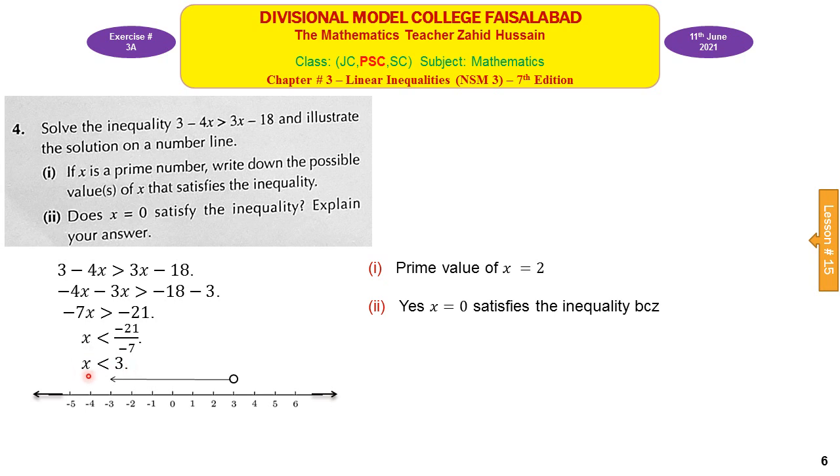When you put 0 for x, the statement is 0 less than 3, and this statement is true because 0 is always less than 3. So yes, x equal to 0 satisfies the inequality. For the explanation of your answer: because when we put 0 for x, this statement is true.